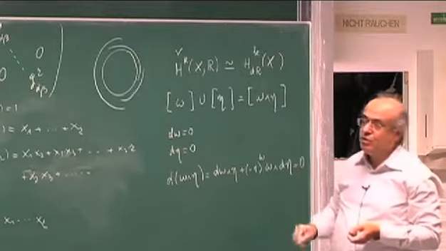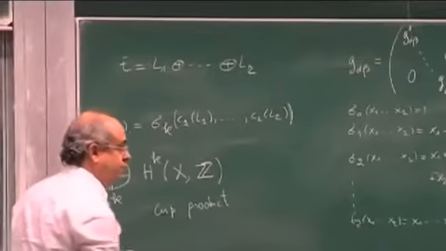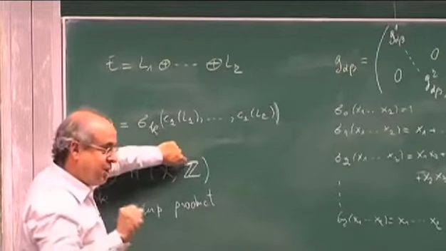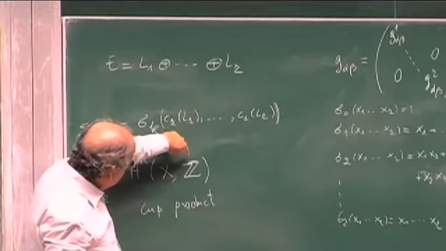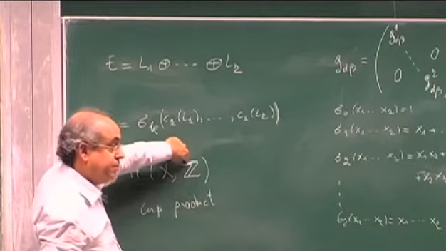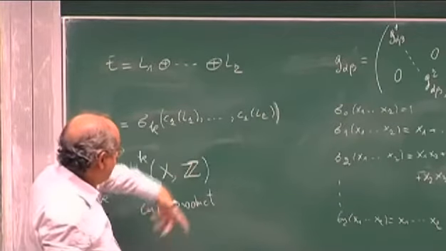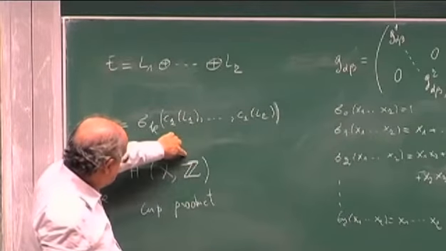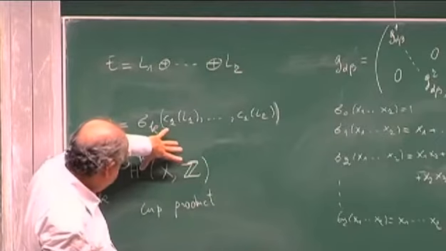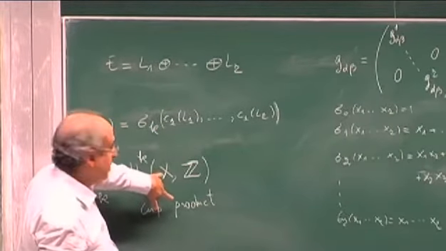And what I'm saying is that you can do the same with integer coefficients. Actually, you can do more than this, but just to keep it simple, you can do that whenever you have a ring. Then the multiplicative structure is inherited by the cohomology ring. So you have a cup product in this space.